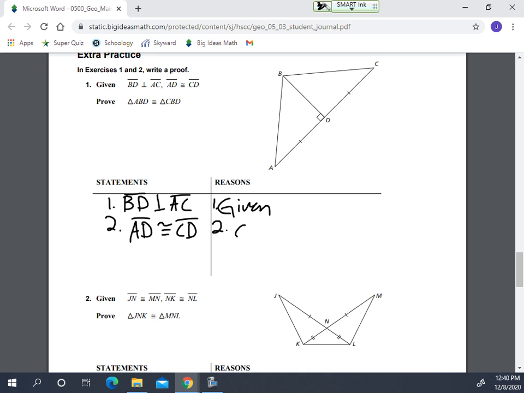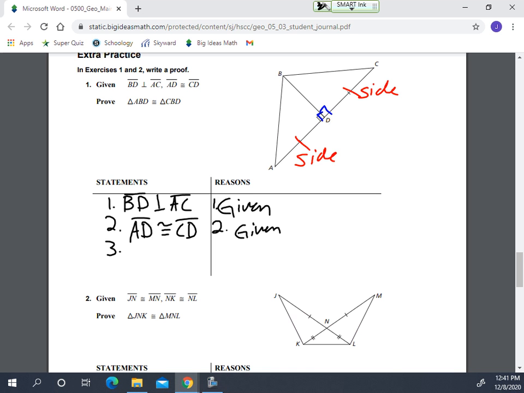That is also given. So what does that say? Well, AD is congruent to DC, right there. That is a side. Our other given was that we had an angle here. Well, what do we know about BDC? BDC has to equal 90 degrees, which is equal to ADB.